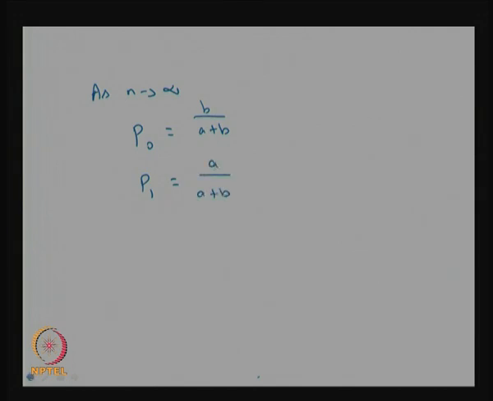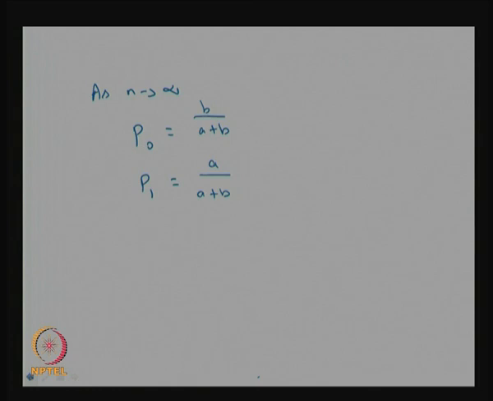This can be visualized easily from the state transition diagram. Whenever the system keeps moving into state 0 or 1 with the probabilities a, b and with the self loops 1 minus a and 1 minus b, in the subsequent stages the system will be in one of these two states. So, with the proportion b divided by a plus b, the system will be in the state 1.